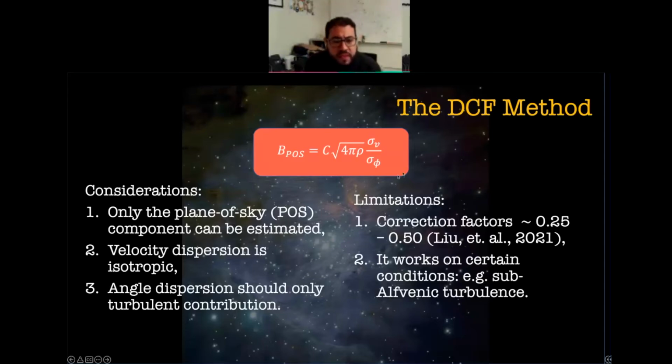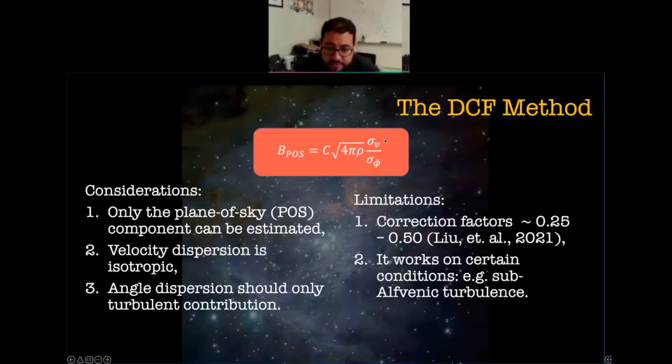The other thing is that the velocity dispersion is assumed to be isotropic, in the sense that it doesn't matter in which direction you look at the turbulence. The velocity that you include in this expression will not change if you look at it in the plane of sky or along the line of sight.